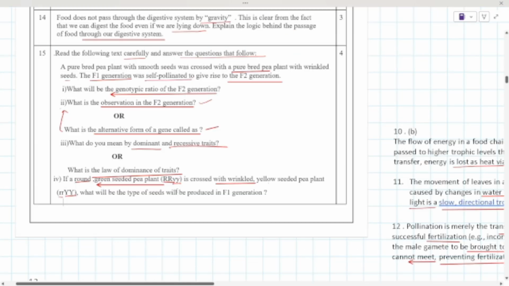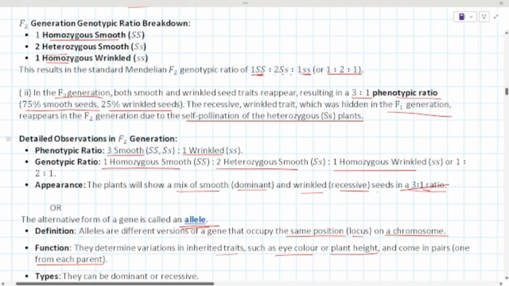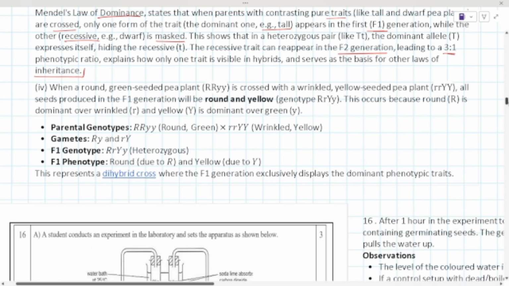Question 4. See here. When a round green seed plant, capital RR and small yy, is crossed with a wrinkled yellow plant, small rr and capital YY, all seeds in the F1 generation will be round and yellow.